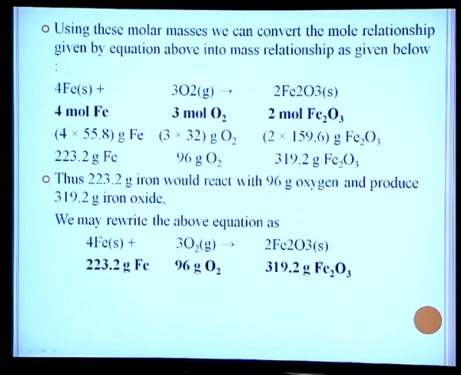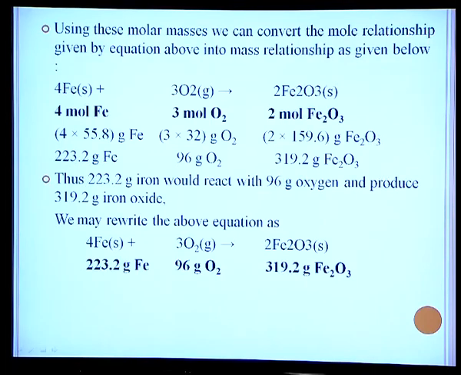So we can say 4 into 55.8 gram, that comes out to be 223.2 gram of iron; 3 into 32 gram of O2, that is 96 gram of oxygen; and 2 into 159.6, that is Fe2O3, we get 319.2 gram of Fe2O3.